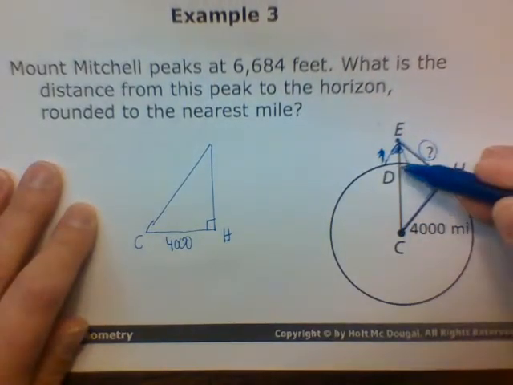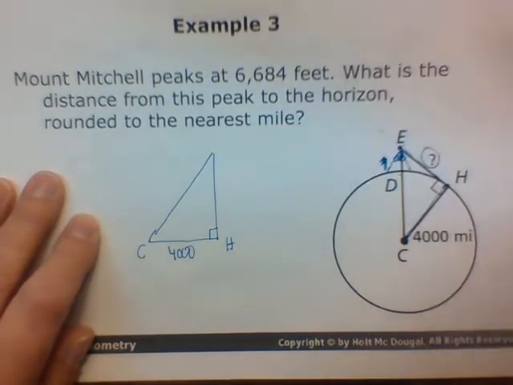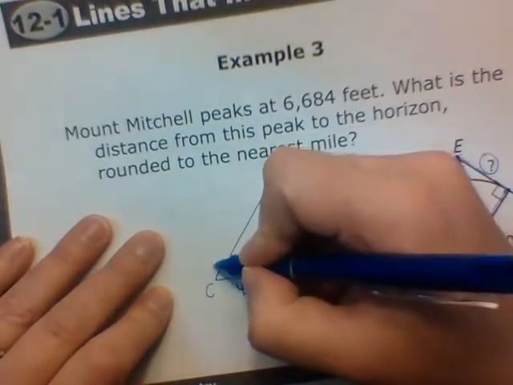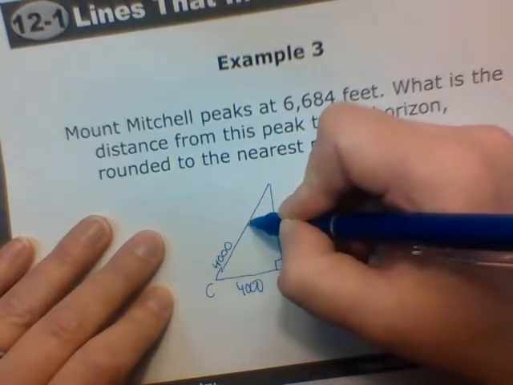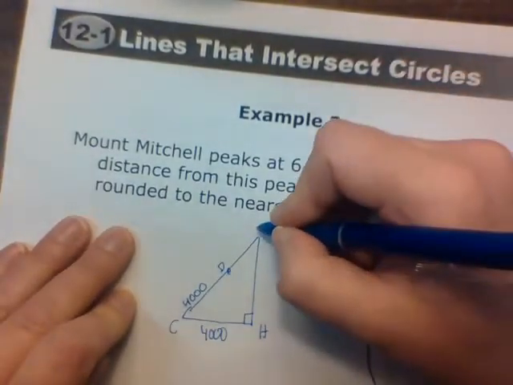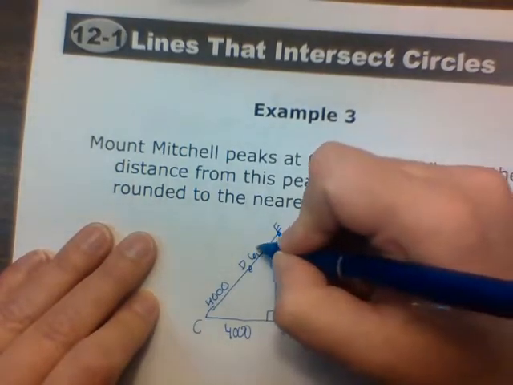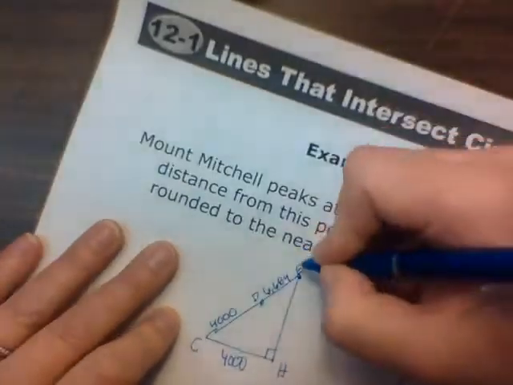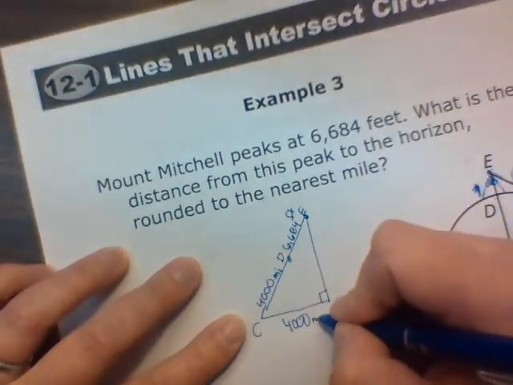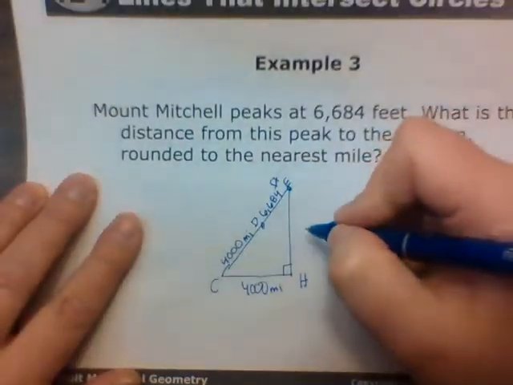From C to D, we know that length, 4,000. And then from D to E, not drawn to scale clearly, is 6,684 feet. Got to watch out because this is miles and this is feet. All right. So we are trying to find this piece here.